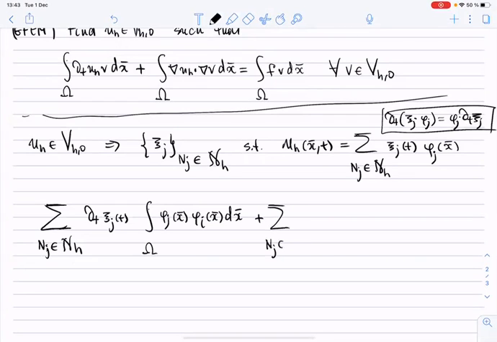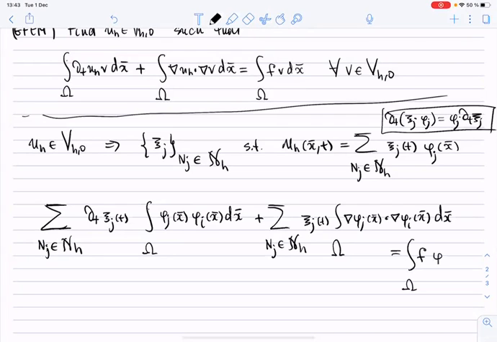sum over j from the interior points. And here we have again psi_j depends on t, integral of nabla phi_j depends on x, nabla phi_i depends on x, dx is equal to the integral over omega of f phi_i(x) dx.